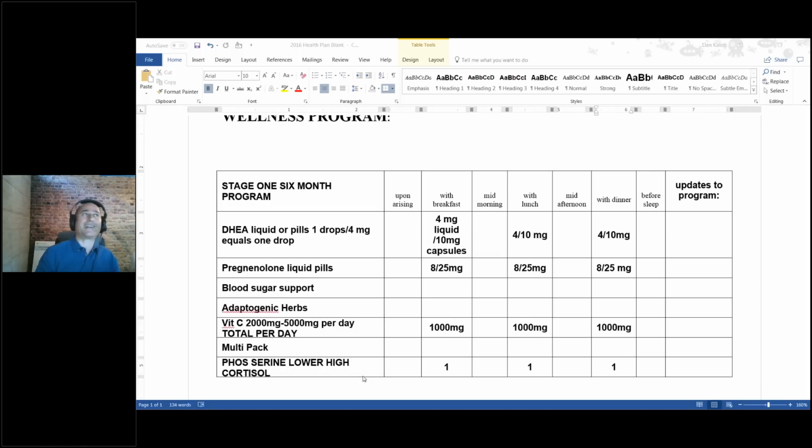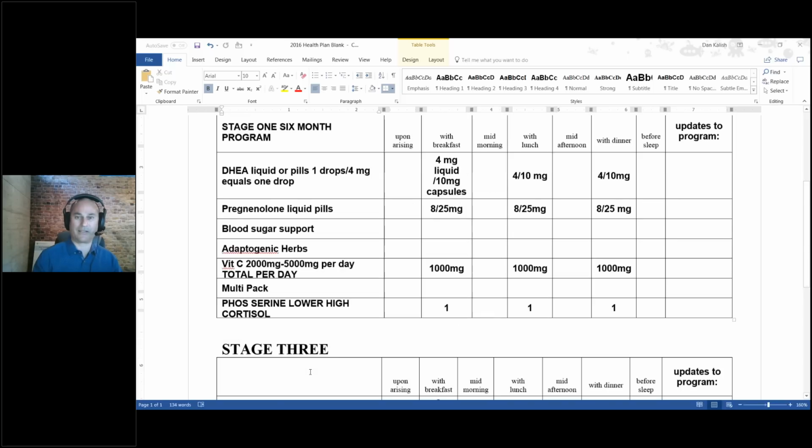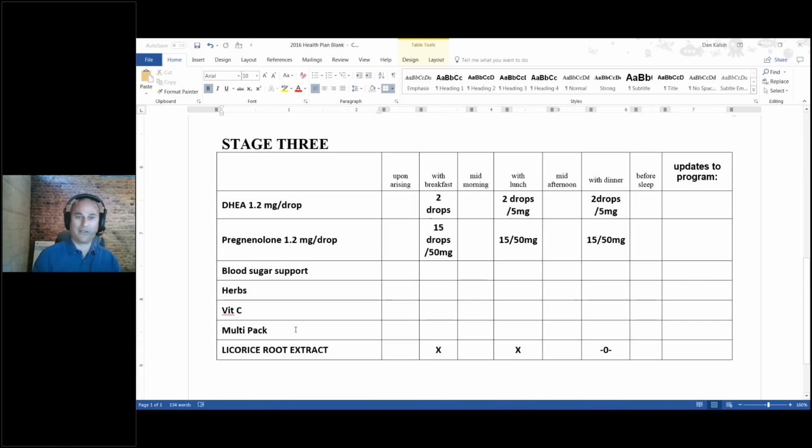Let's say the patient has a high nighttime cortisol. You can give the phosphorine at dinner. And let's say that same patient has a low noontime cortisol. You could give the licorice root in the morning. So let me show you that, because that was just what I said was complicated. Let's say they have, I'm going to write it out here, high nighttime, low noon on the cortisol.